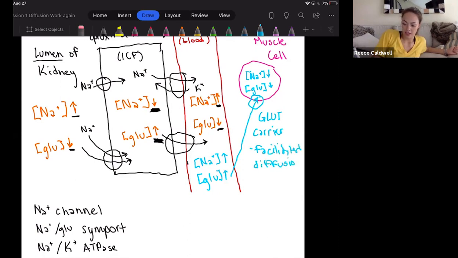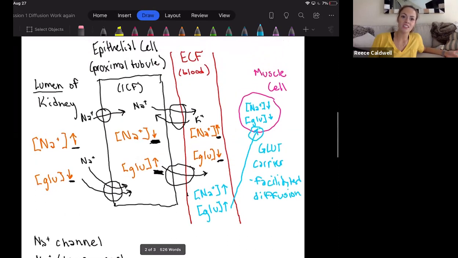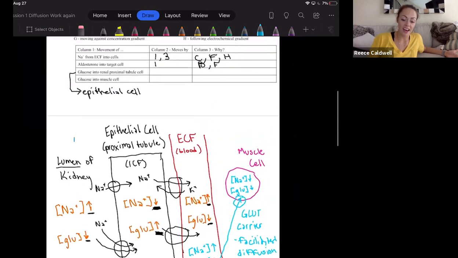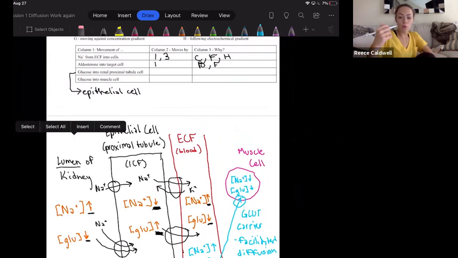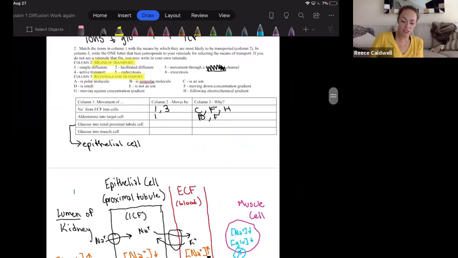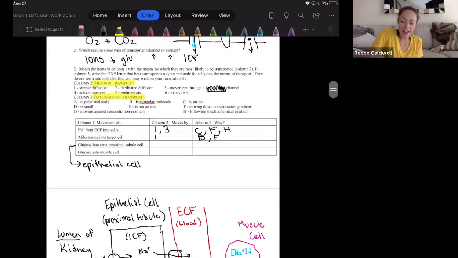All right, nice. So with this information, we can now begin to dissect these last two questions. What we see is that whenever glucose is moving into that renal proximal tubule cell, that epithelial cell, it's going to be moving by active transport.